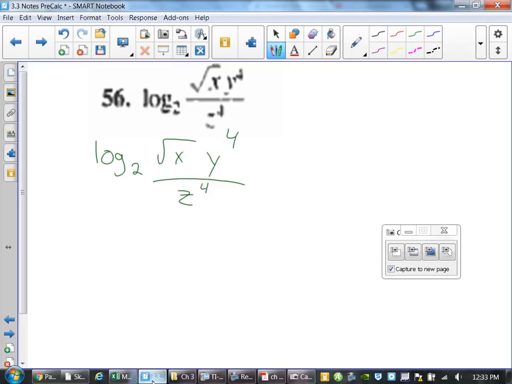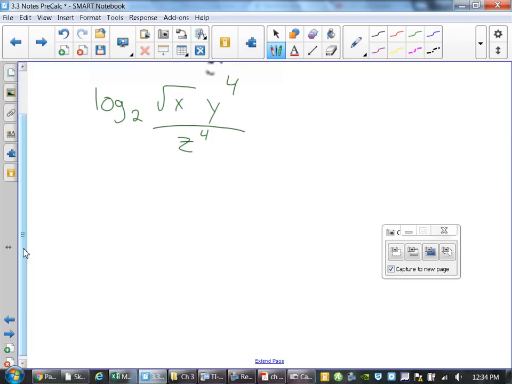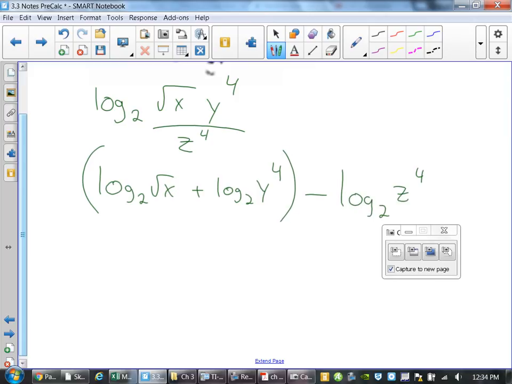When this happens, you have to throw parentheses around the stuff that was in the numerator before you hit the subtract part. So what you would get here is log base 2 of the square root of x plus the log base 2 of y to the 4th, all subtract the log base 2 of z to the 4th. And then you can move your exponents around. If you just wrote it as multiply or add and then subtract without the parentheses, you're not putting it all over the z. Does that make sense?